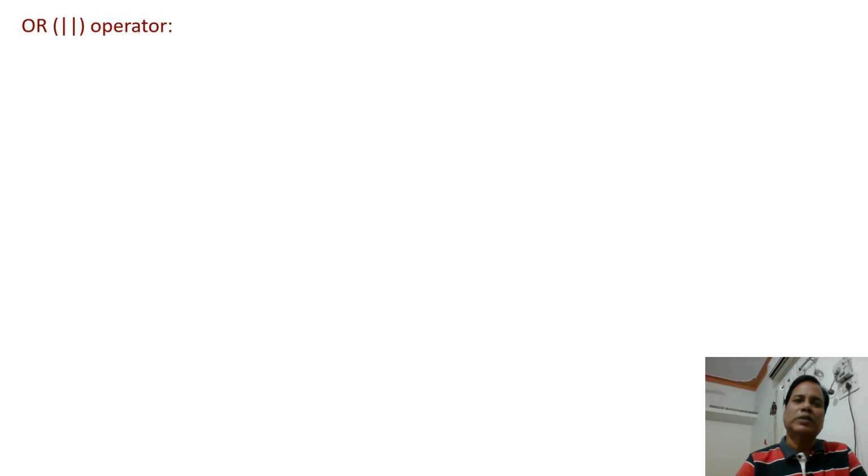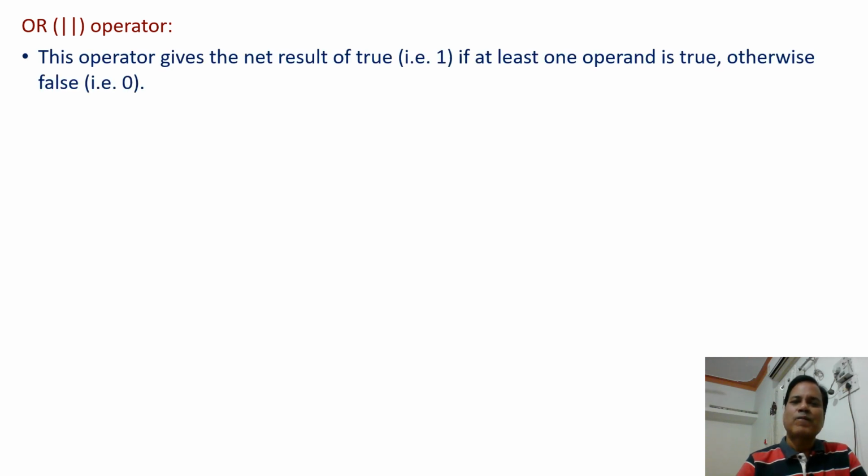Now the OR logical operator. So the symbol is parallel lines. This operator gives the net result of true if at least one operand is true, otherwise false. So every operator has two operands.